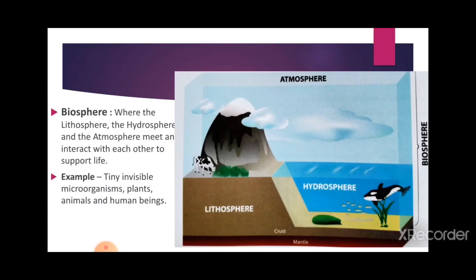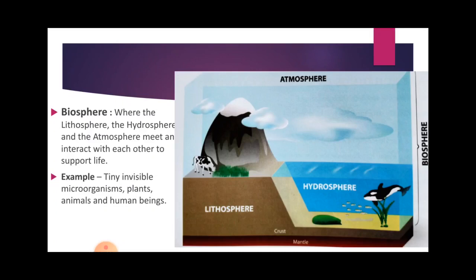What we have read in this topic is that the environment is everything that surrounds us, and examples are air, soil, water, plants, animals. These all make up the environment. The environment is divided into two, the natural environment and the human environment. The natural environment consists of two components, biotic and abiotic.